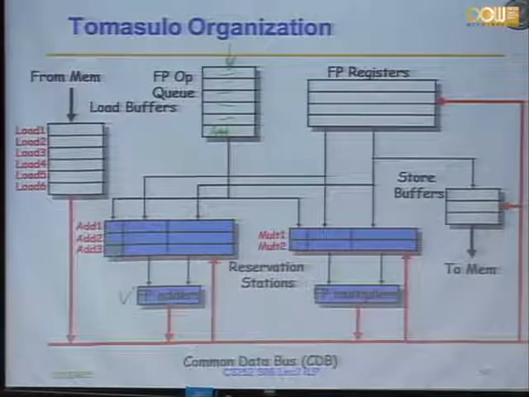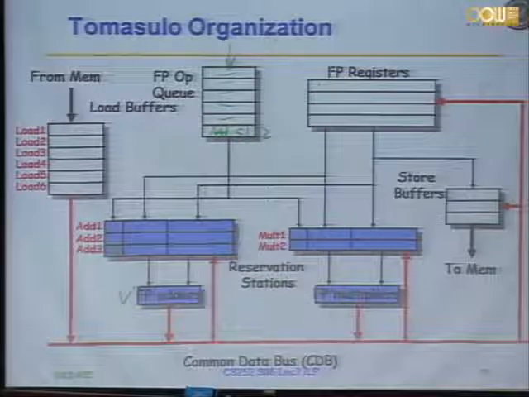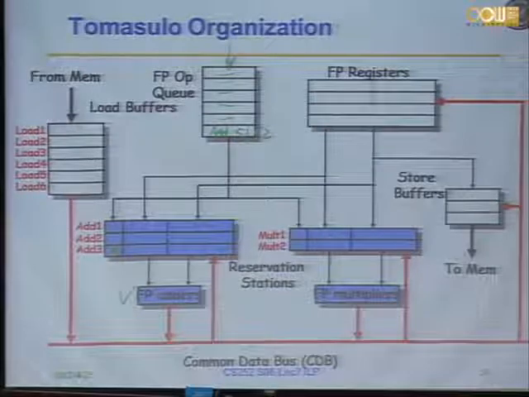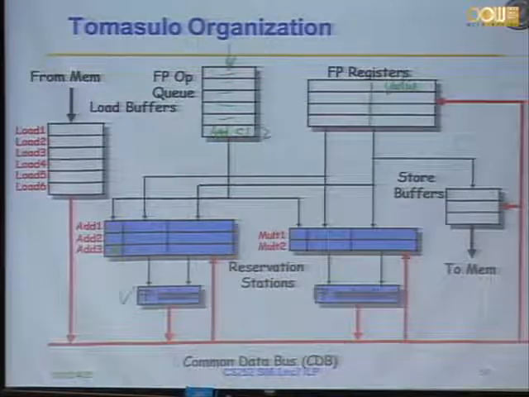And then it needs source 1 and source 2. What do I do? We have only 4 registers. For each and every one of these registers, traditionally, you know there is a value in the register, right?